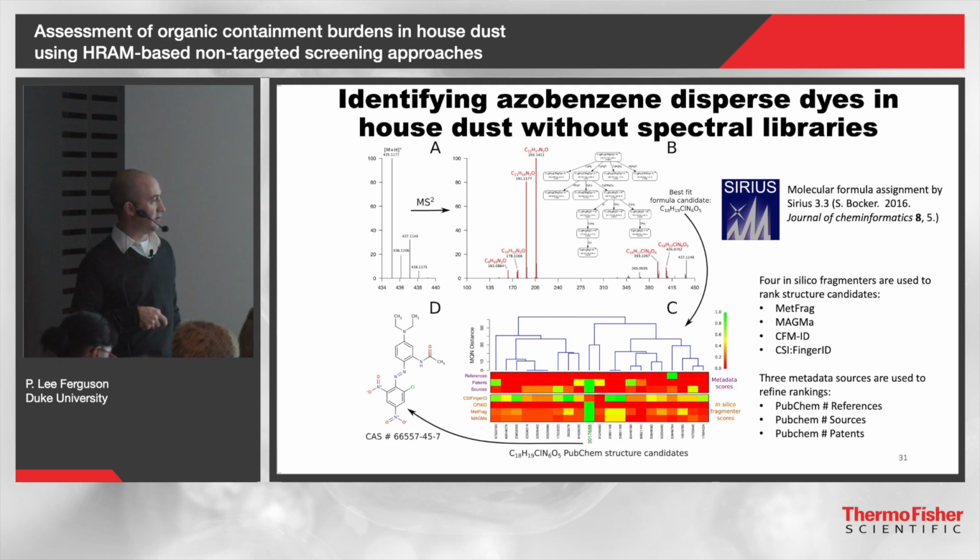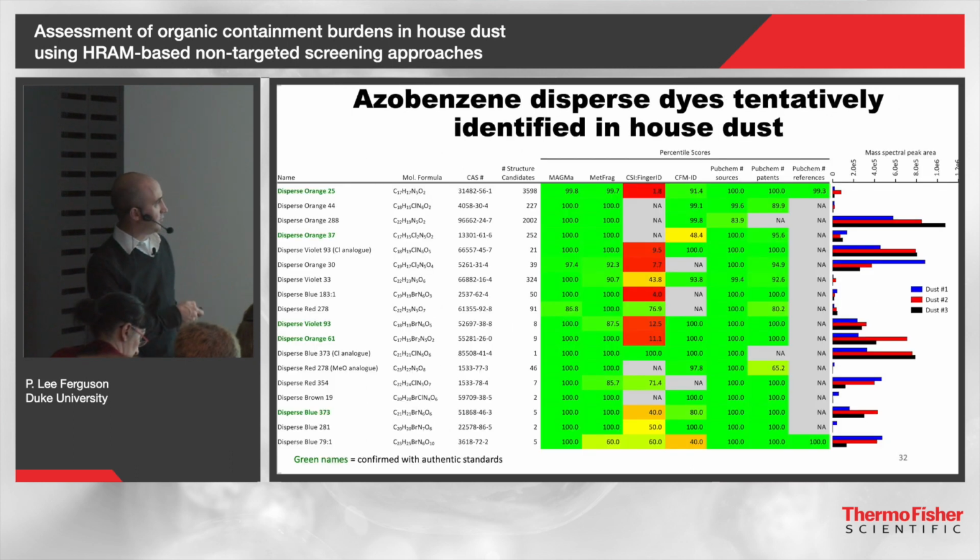Blue or green is a high score, red is a low score, and then we evaluate the number of references, patents, and data sources. You can see that we have this one green bar here, and that turns out to be this compound, which is a chlorinated analog of one of the dyes that I showed earlier. So we're able to discover some new dyes using this technique and annotate them with structures.